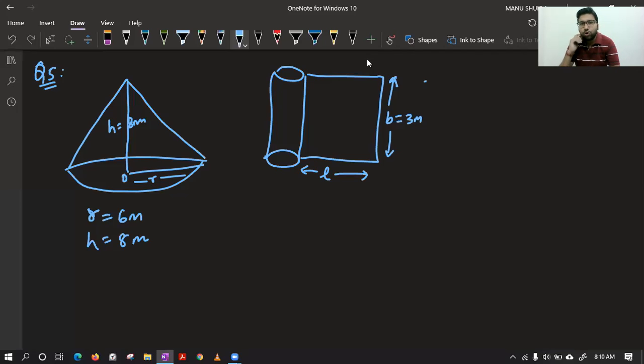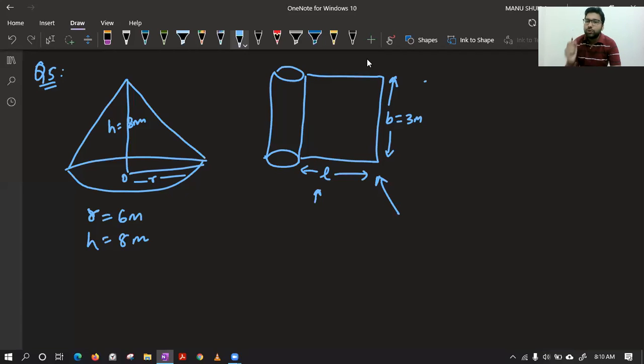So class, I hope you are able to understand the question: you are right now in a shop to purchase the required cloth to make that conical tent. For that required cloth, you need to tell the shopkeeper this length L. So tell me how we can find this length L. What comes to your mind?